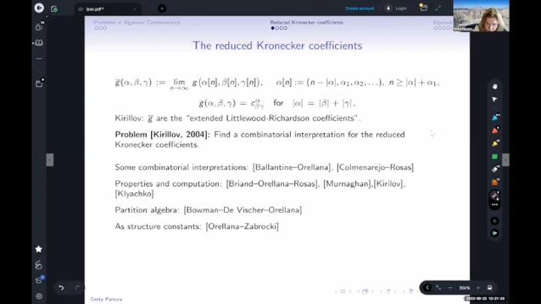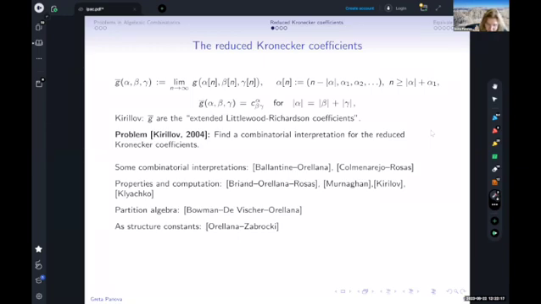There was work on the reduced Kronecker coefficients on their own. There were some combinatorial interpretations. Of course, some of them would follow from the general Kronecker coefficients interpretation that we have, but some are special because, as we said, when we have a long first row, some borderline cases disappear.